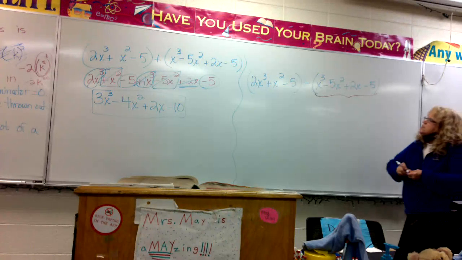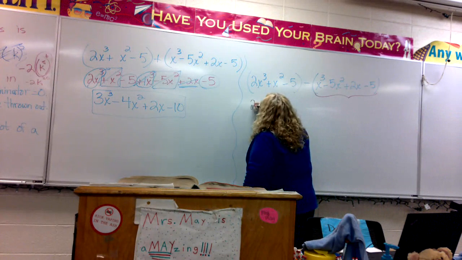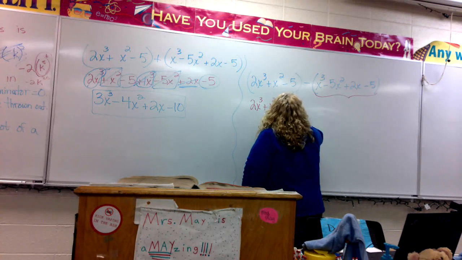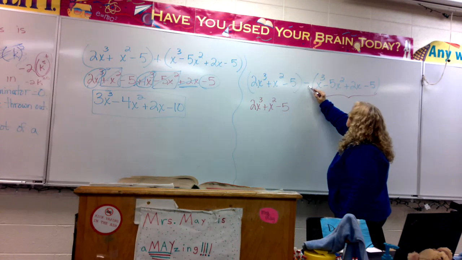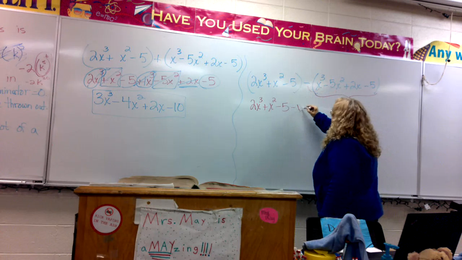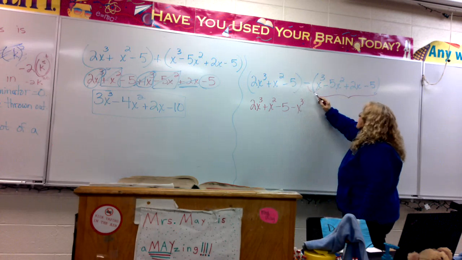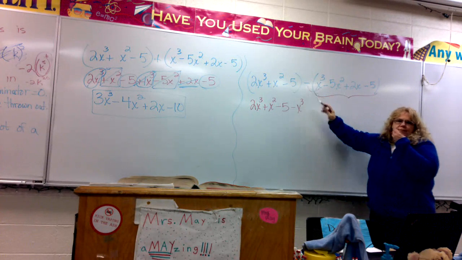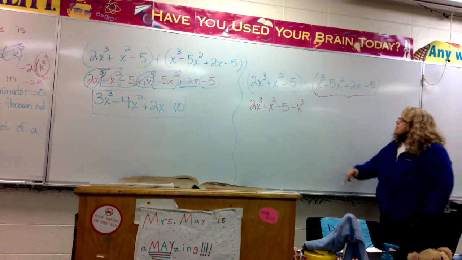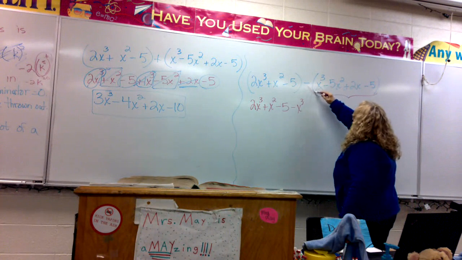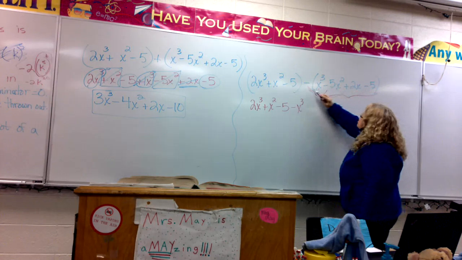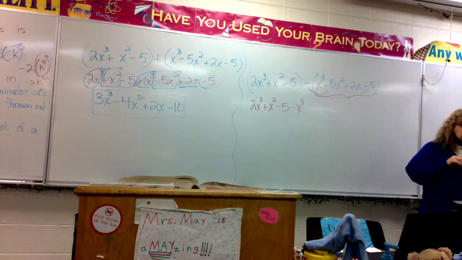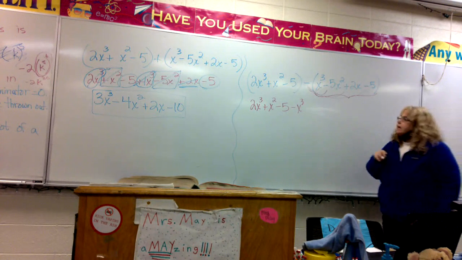So, first set of parentheses, you leave it alone. Minus x to the third. Second set of parentheses, you're minusing not only this first one, everybody always remembers to do the first one, but you're minusing every single one of these. So when you subtract a negative 5x squared, what is that like doing? Adding it, right?